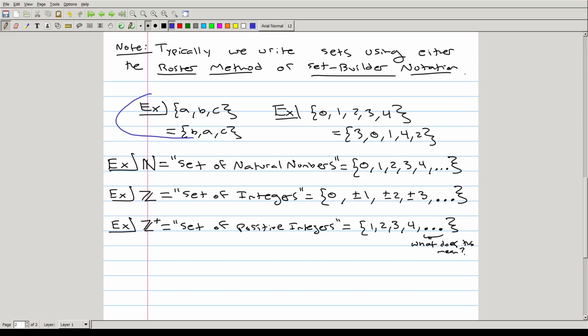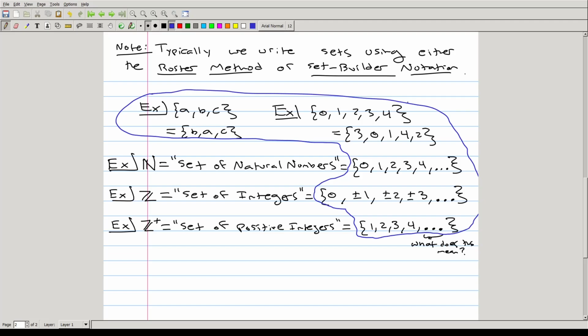However, all of the explicit examples that I've written down so far have used the roster method for writing down the set itself.